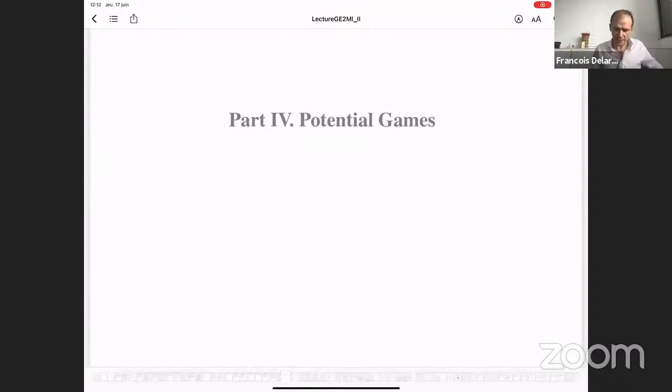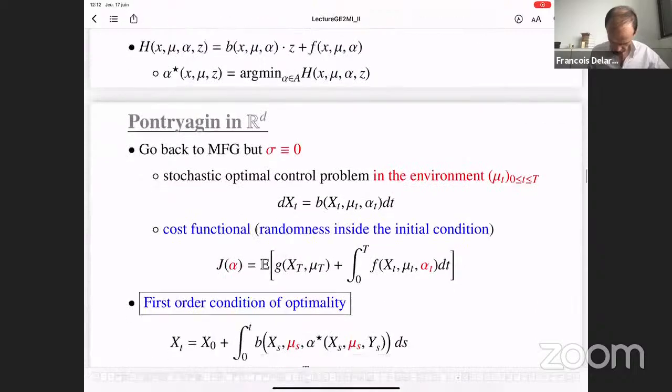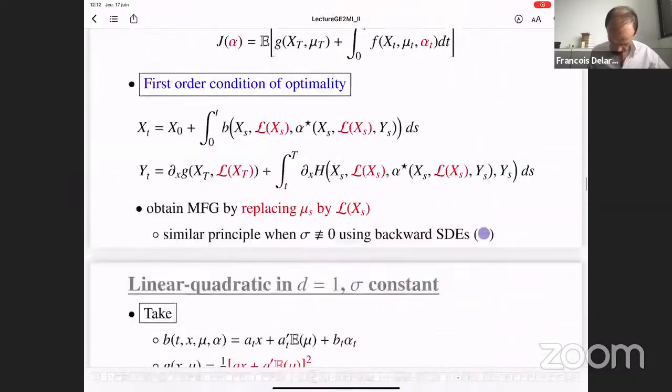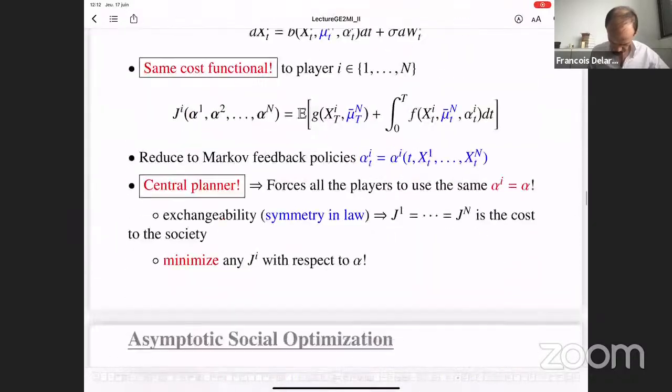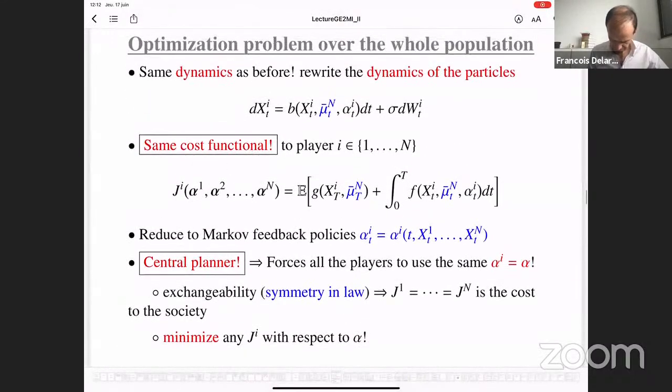So yeah, this is something that I have not spoken about, and so I think this could be interesting for you to have a look at. Let me explain to you the practical motivation if you want to compare with what you can find in mean-field games.